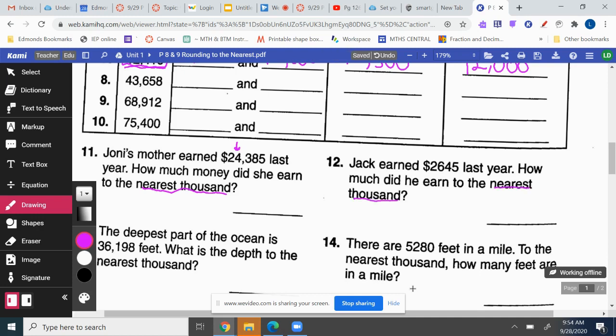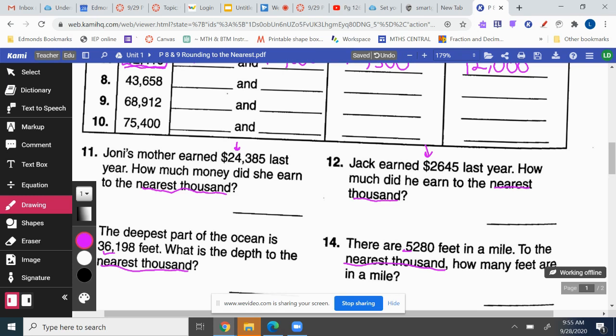Again, rounding to this number. How many feet? To the nearest 1,000. So they want you to round those to the nearest 1,000 number.